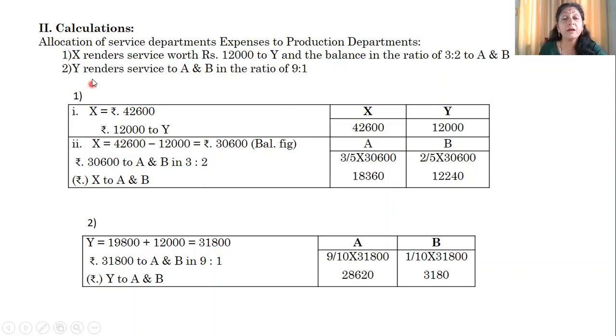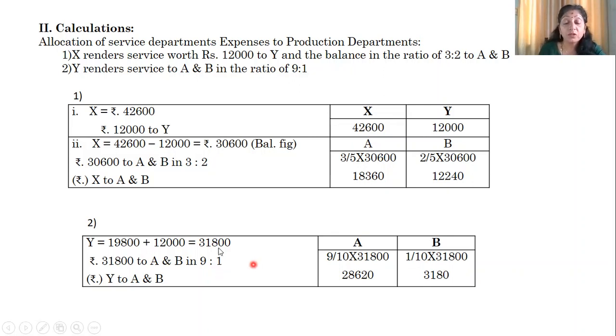Then the second calculation. Y renders service to A and B in the ratio of 9:1. Coming to Y, Y's total 19,800 we already calculated, plus 12,000. The 12,000 comes from X. Adding it to the total of Y, we get 31,800. 31,800 goes to A and B in the ratio of 9:1.